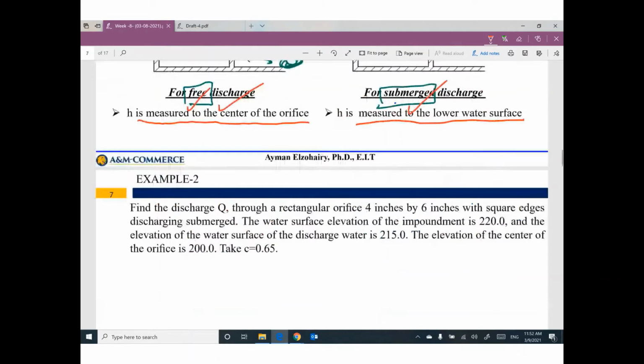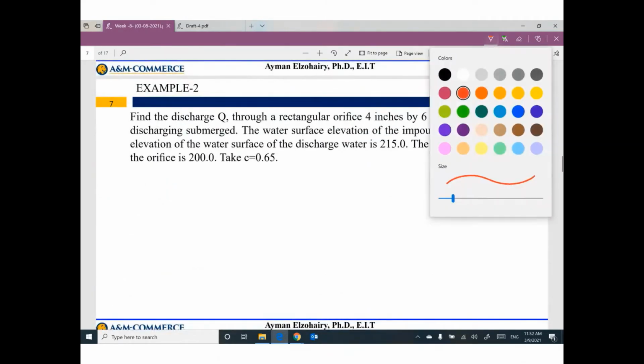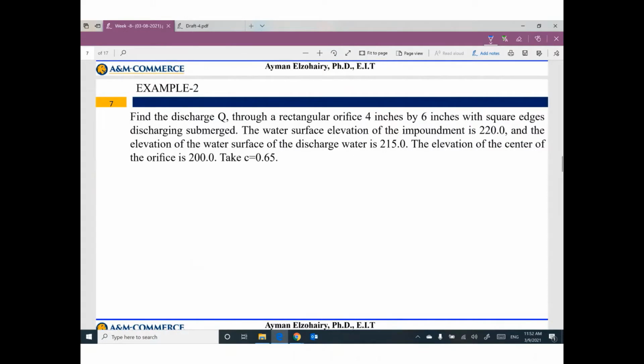Be careful. We have an example here. Example number 2. Find the discharge Q through a rectangular orifice. This time it is not circular, it's a rectangular orifice, 4 inch by 6 inch.